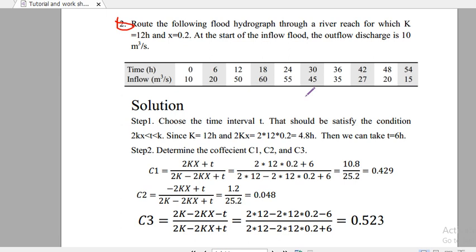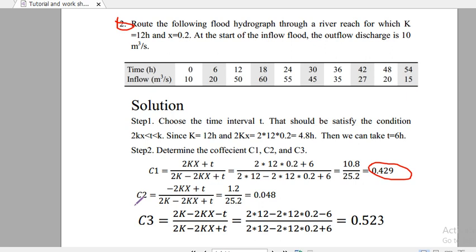After choosing a time interval, then determine the coefficients C1, C2, and C3. C1 is equal to (T plus kx)... over 2k minus 2kx plus T, which is equal to 0.429.